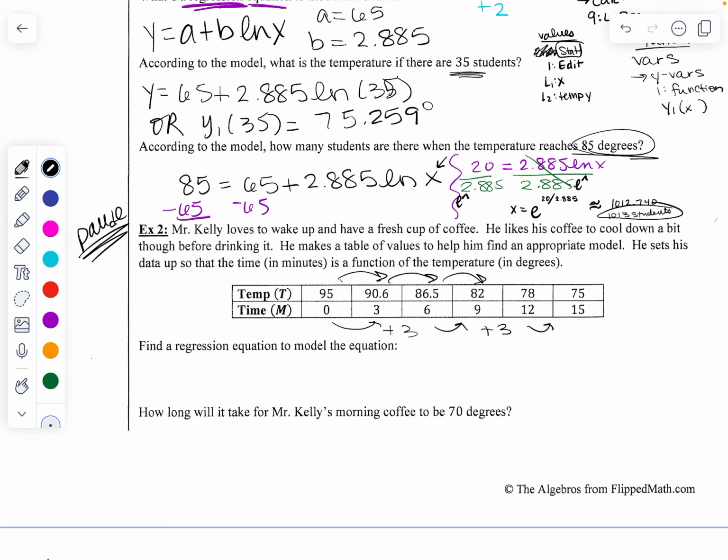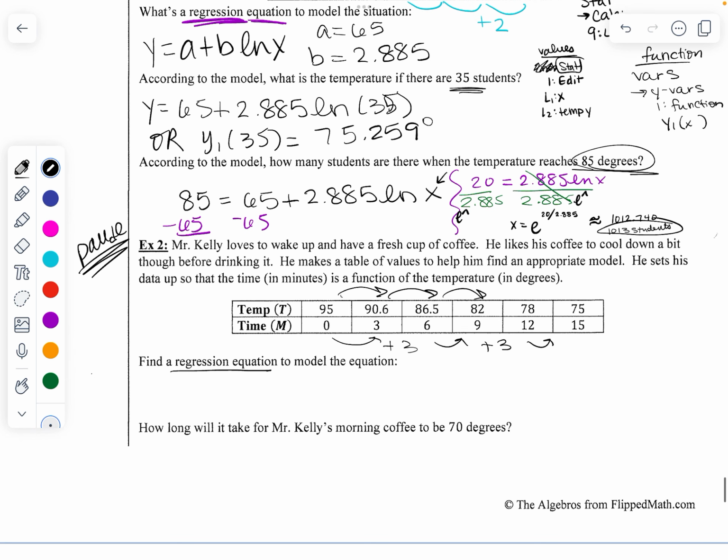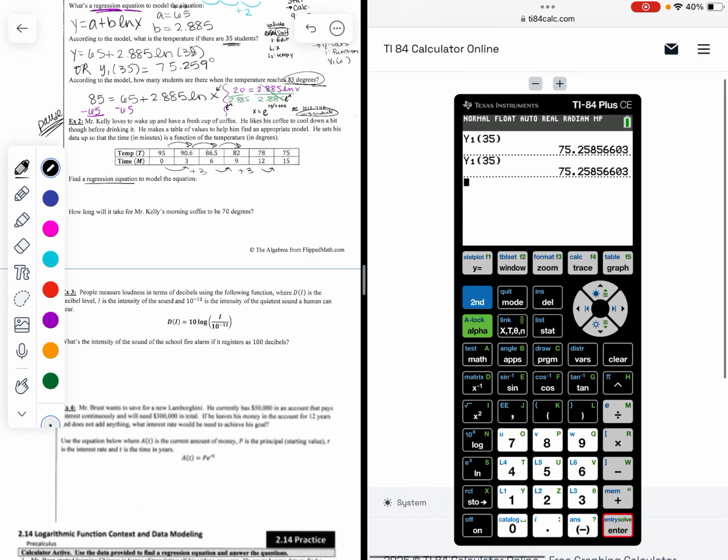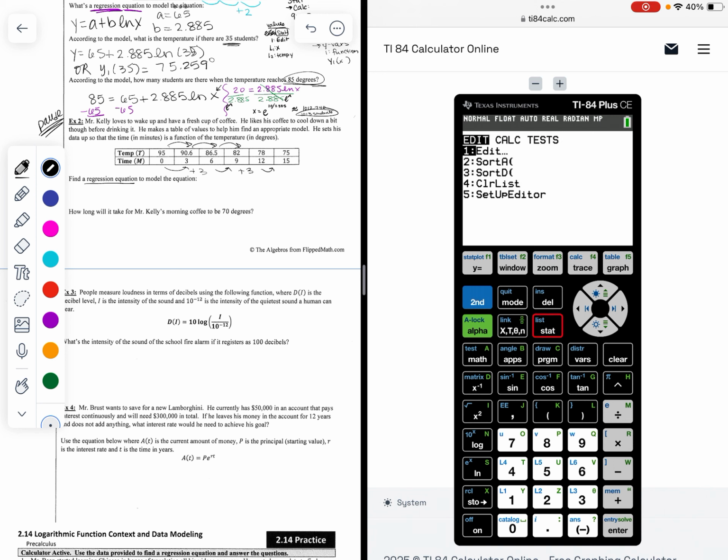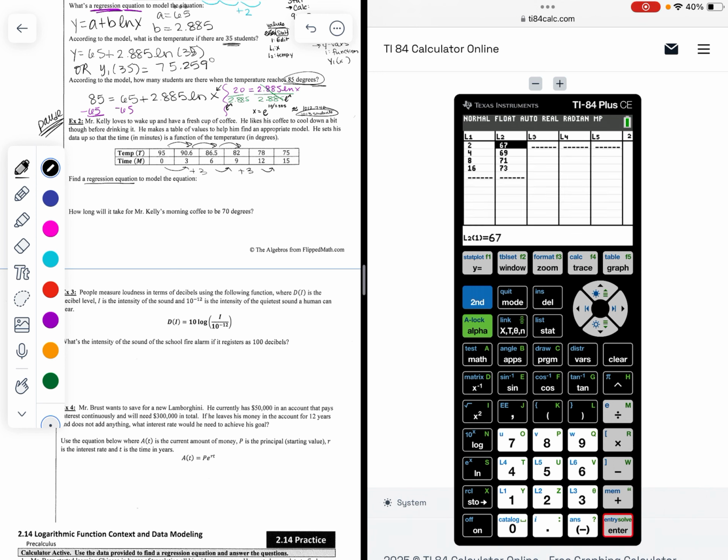So remember, let me pull up my calculator. We're going to hit Stat, Edit to get those lists. We're going to clear out the lists from before. You could also technically just use new lists if you don't want to clear them out. You don't have to use list 1 and list 2.